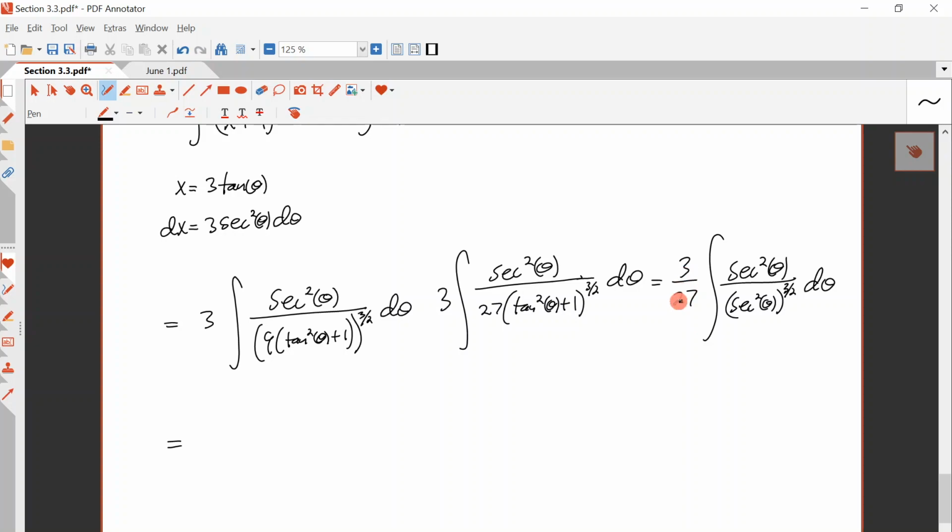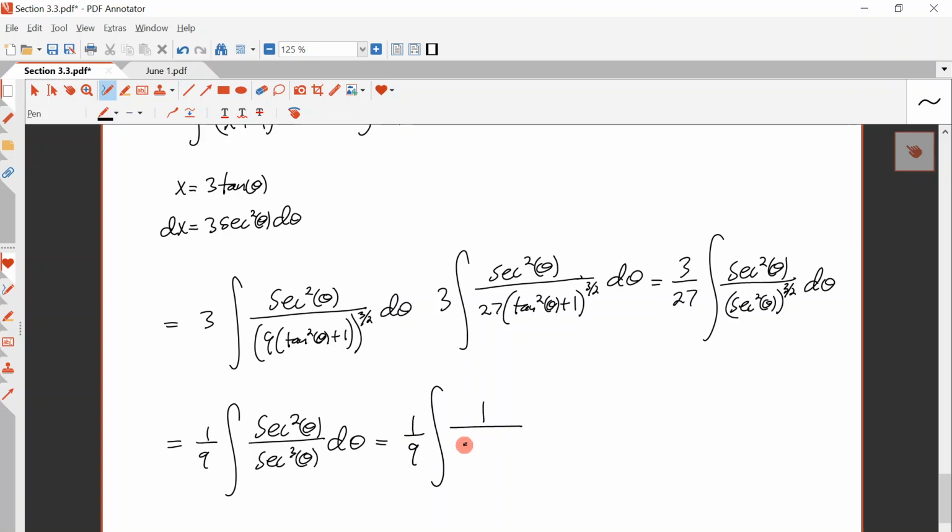Okay, so the 3 over 27 is 1/9. And this becomes secant squared theta over secant to the third theta, d theta. Canceling secants, I'm left with 1 over secant theta d theta.